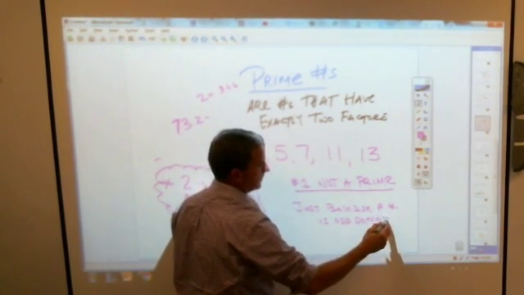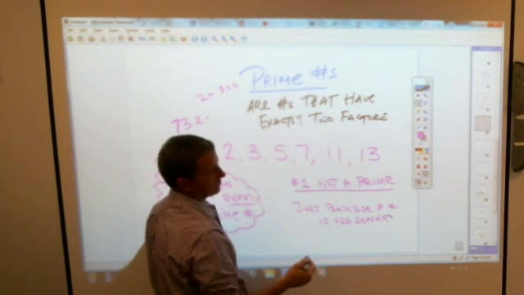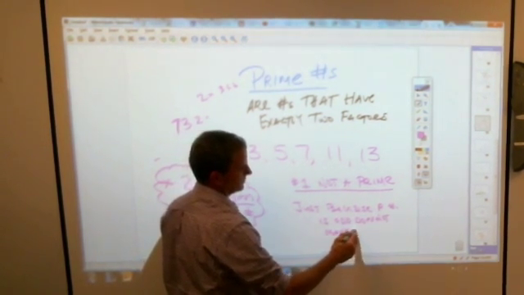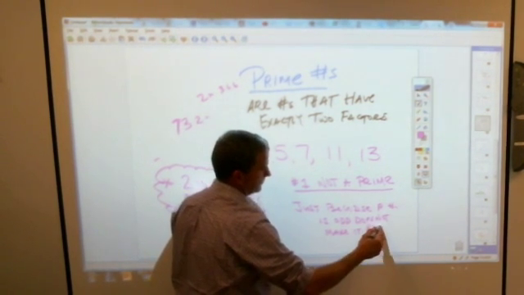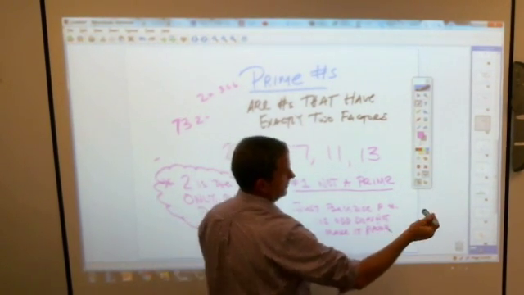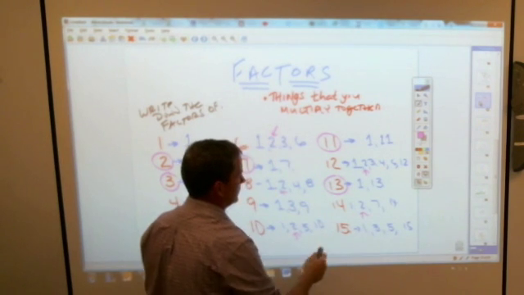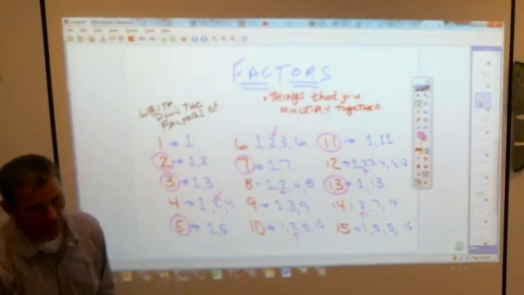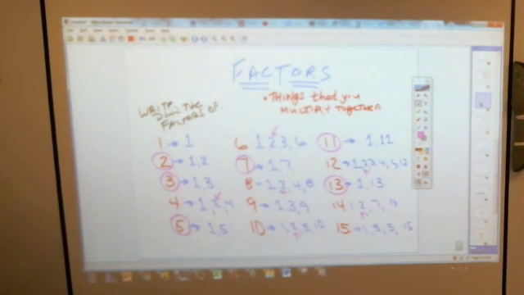There are a lot of odd numbers that are not prime. A good case in point is the number 15. We had a whole bunch of odd numbers here. 15 is odd, it's not prime. 9 is odd, it's not prime. 21 is odd, it is not prime, it's 3 times 7.